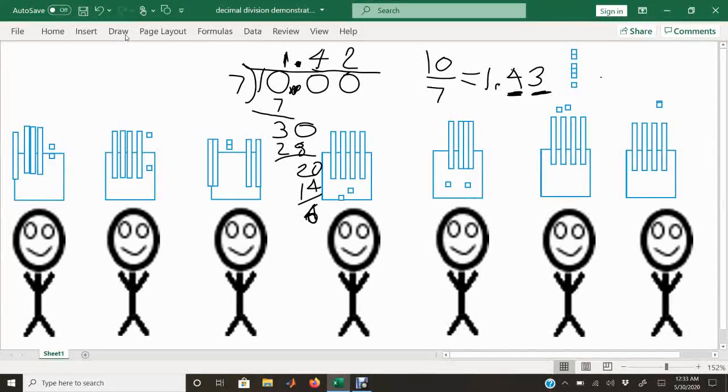So hopefully you can use that demonstration to make a little more sense out of the decimal division. Like I say, it's not exact, but typically we're using math in things that don't need to be exact. So that's kind of the idea behind decimals. And it really does allow us to use calculation devices.